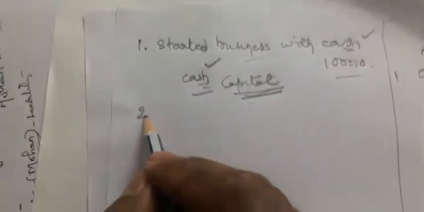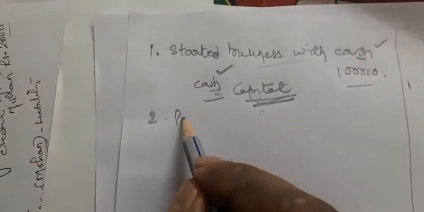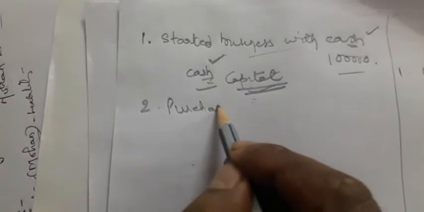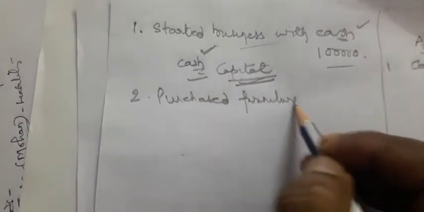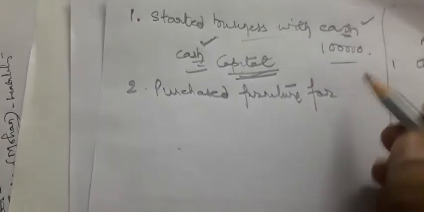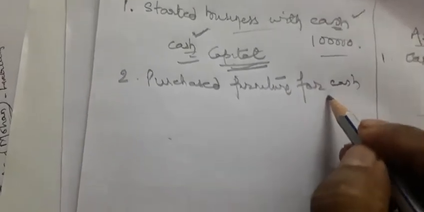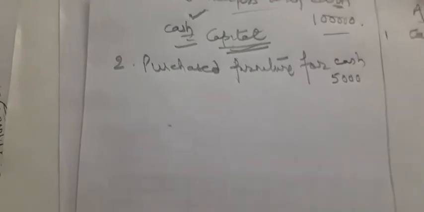Second transaction is purchased furniture for cash, amount is 5,000 rupees. Again, there must be two aspects in this transaction.